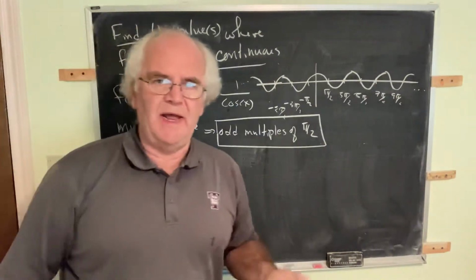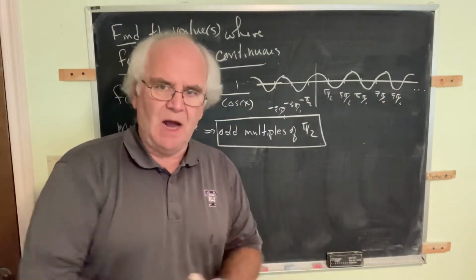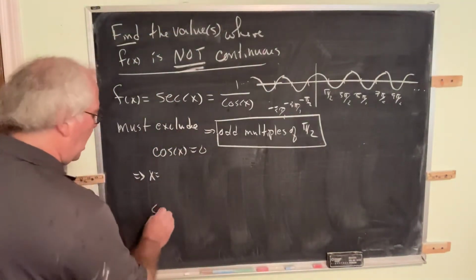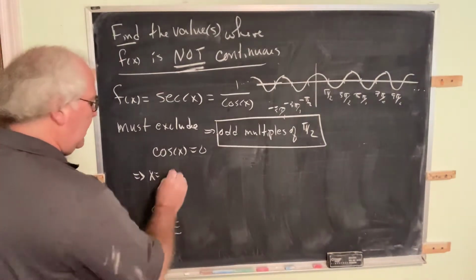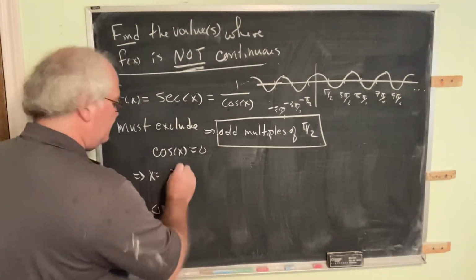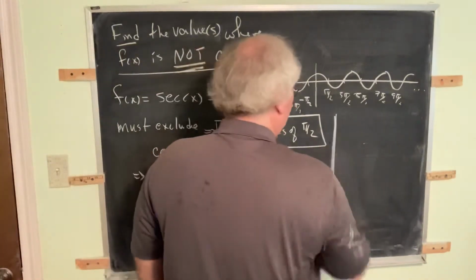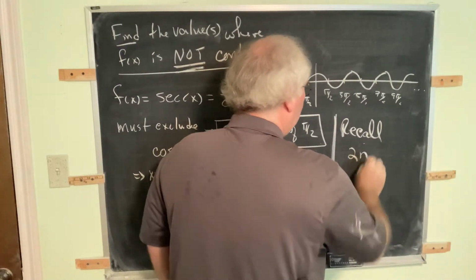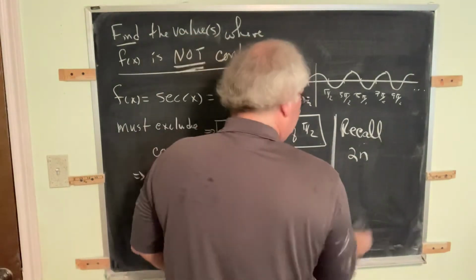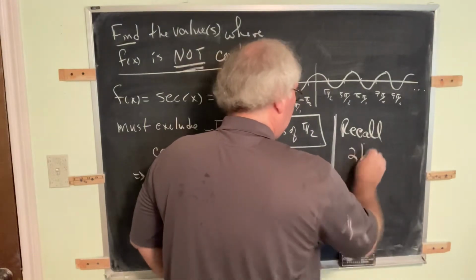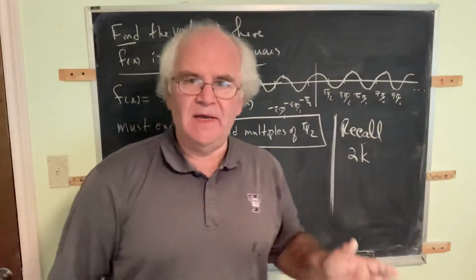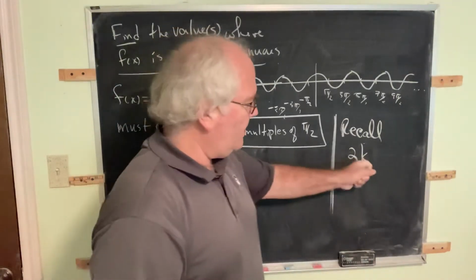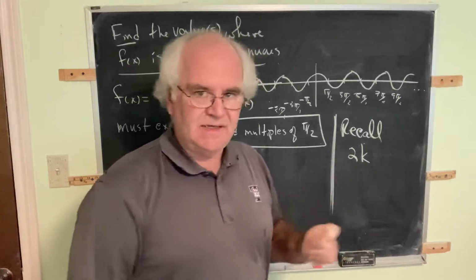If you remember from your glory days in trigonometry, you probably learned a different way to write this. Remember, the word odd can mean two. Let's have a little review session here. 2k, no matter what integer value, negative 4, negative 3, negative 2, negative 1, 0, 1, 2, 3, 4, no matter what integer value you pick for k, 2 times that is an even number.